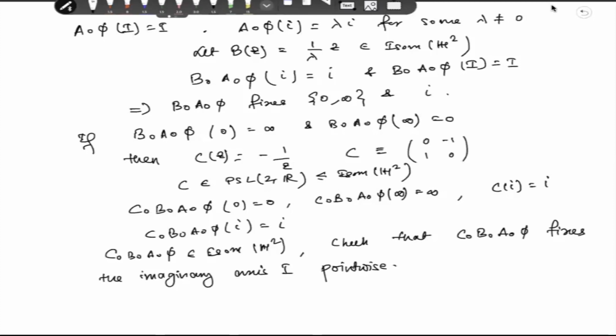Now let us take z in the upper half plane, and let us assume that C compose B compose A compose phi of z is equal to u plus iv.